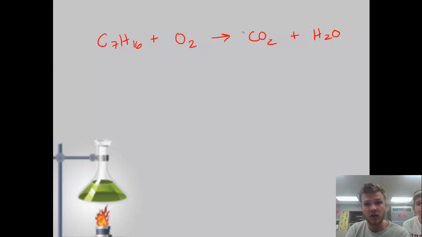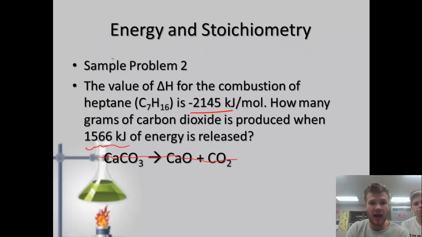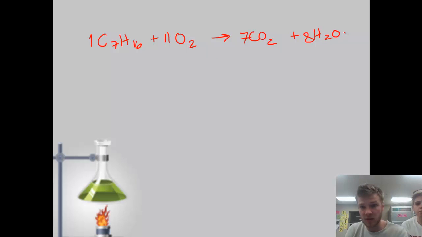Let's see if I can do it quickly. 7, 8, 14 oxygen, plus 22 oxygen, so 11. Did I do that right? Looks good to me. Okay, and a 1 goes here. And this was an exothermic reaction, so 2145 goes on the right side. So this is going to be plus 2145 kilojoules.